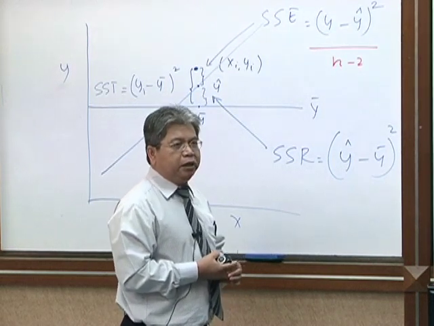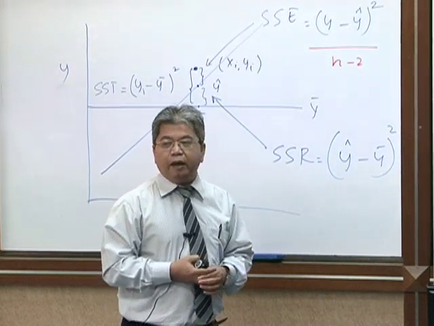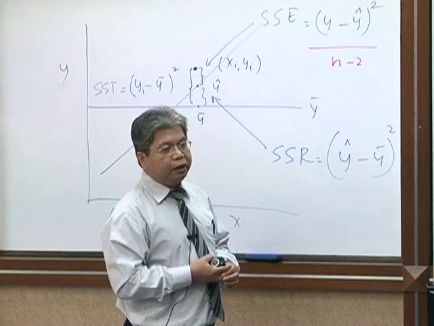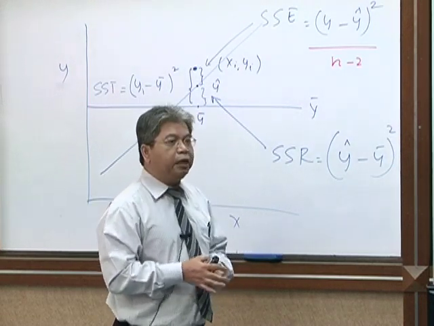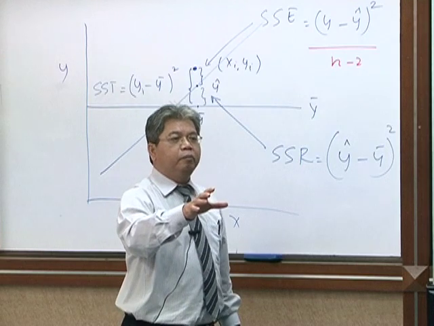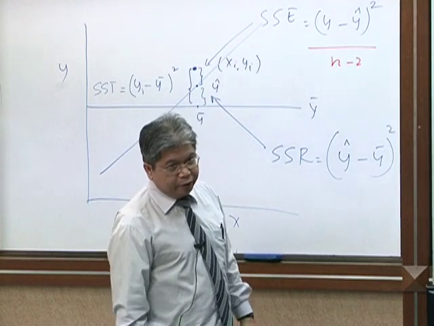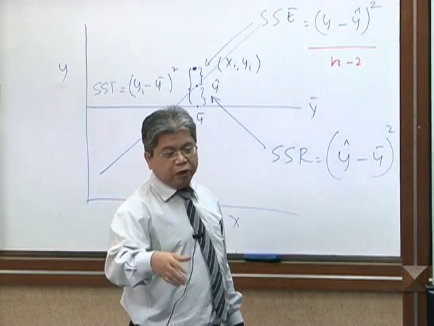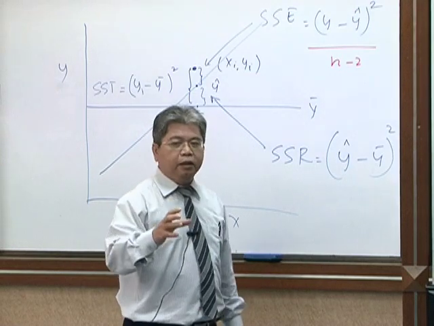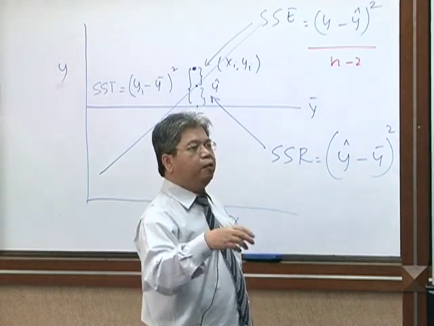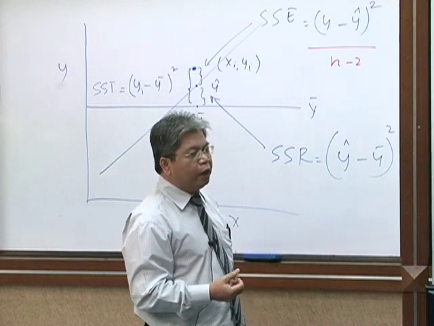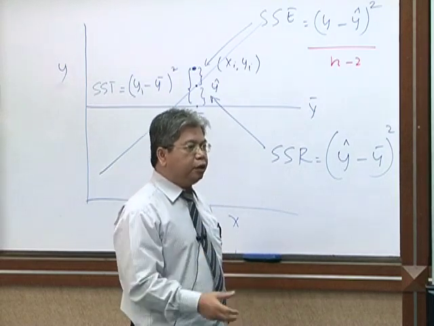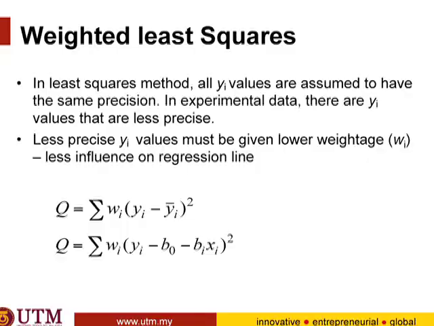Because in the data derived from experiment, there are observations which are more precise than the others. And if we know the precision of the observation, we can increase its weight or its influence on the regression line.